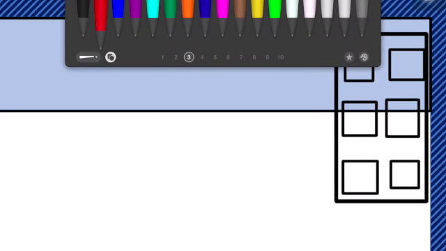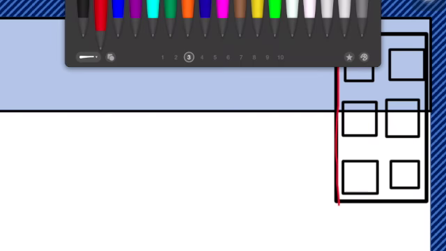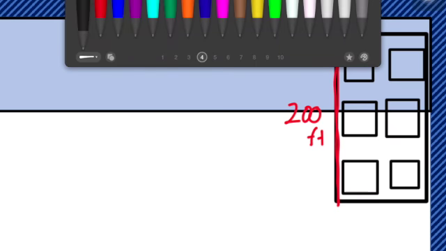This has a height of 200 feet here. So this entire height here is 200 feet. Okay, perfect. And it says that they noticed two other buildings, right?